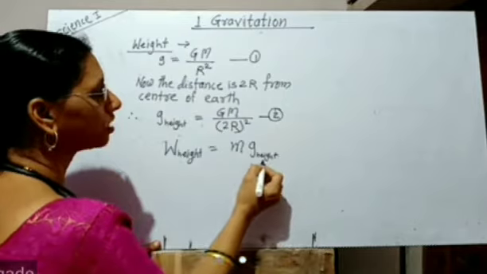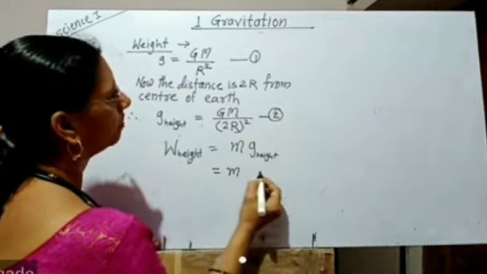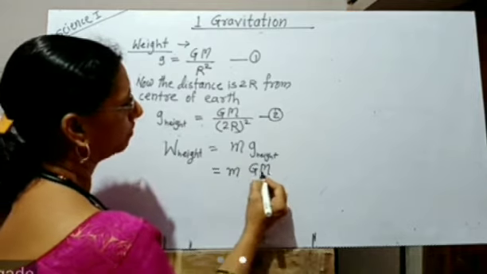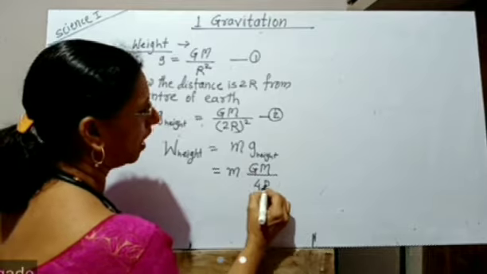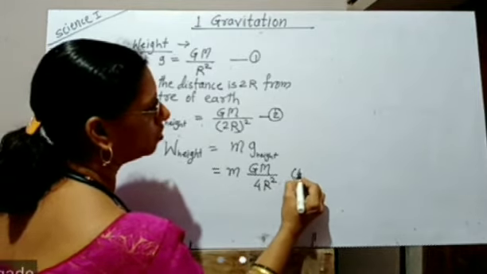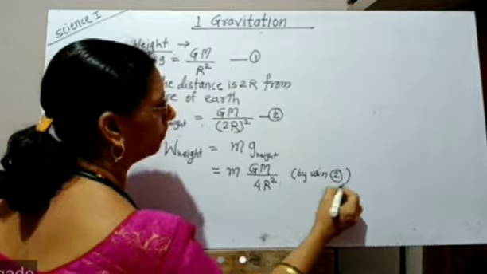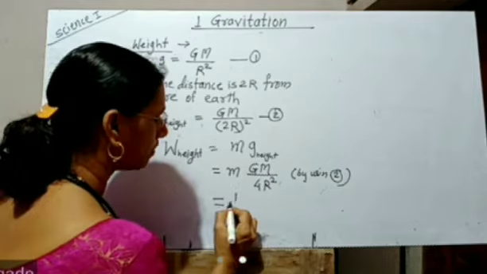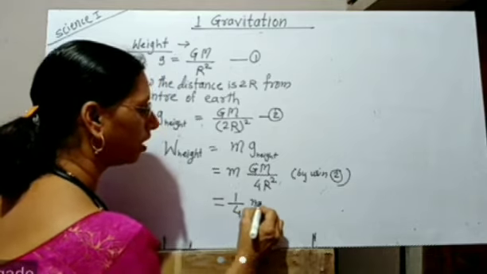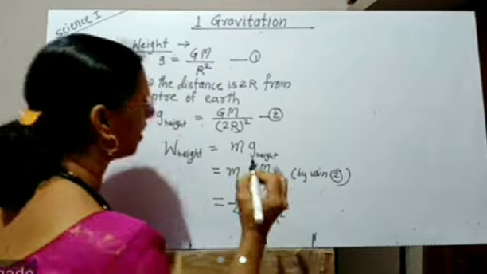Now using equation number 2, we can write here GM divided by 4r square, which can be simplified as 1 upon 4 GM divided by r square.